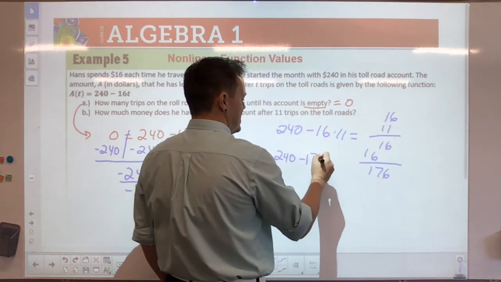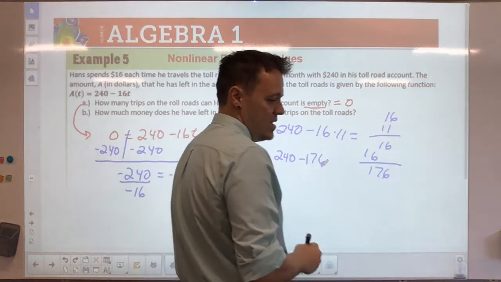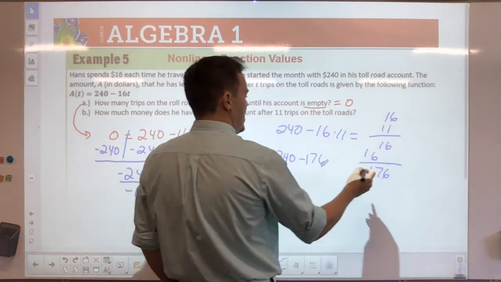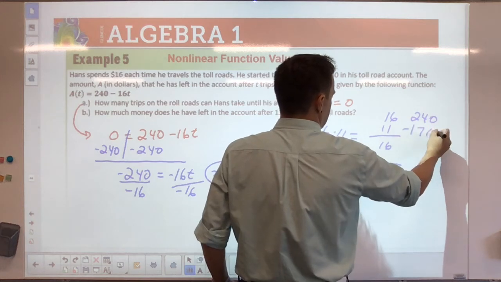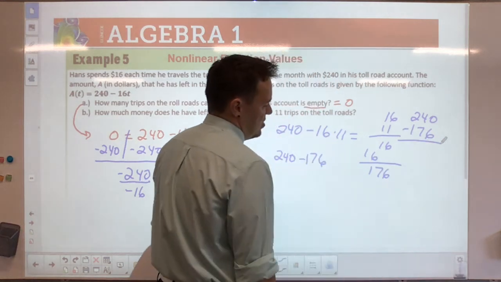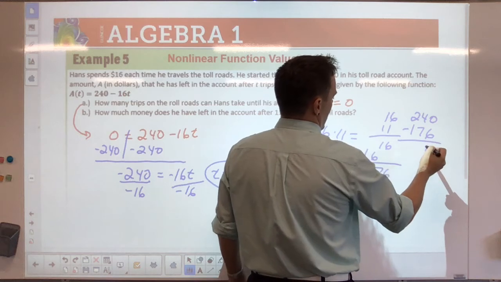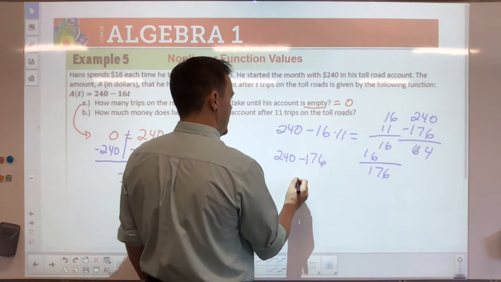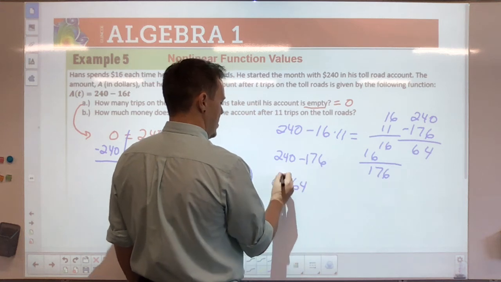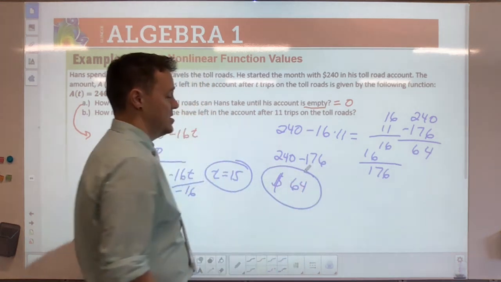All right, so it's minus 176. And then when you put that in there, ladies and gentlemen, you would come up with 240 minus 176. Put that in a calculator, you would end up with 64. He still has that much in his account.